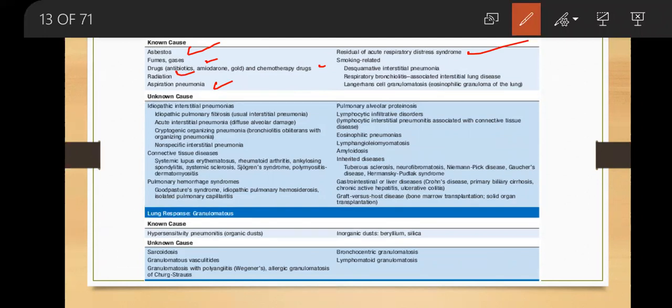Smoking-related causes include desquamative interstitial pneumonia, respiratory bronchiolitis, and Langerhans cell histiocytosis. So these are caused by smoking.